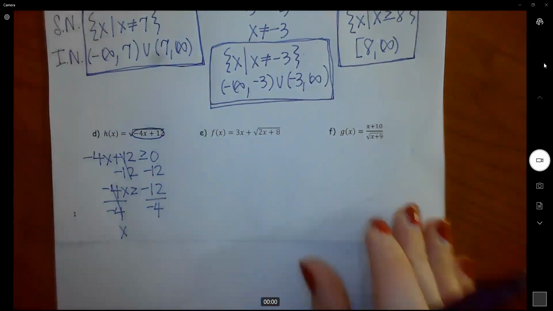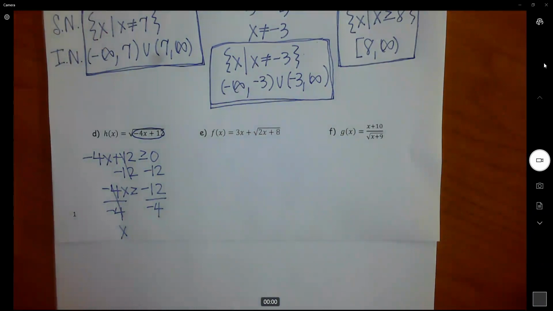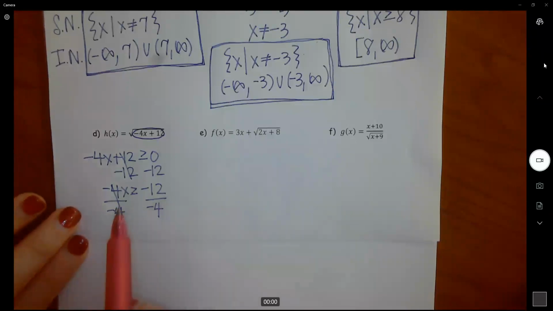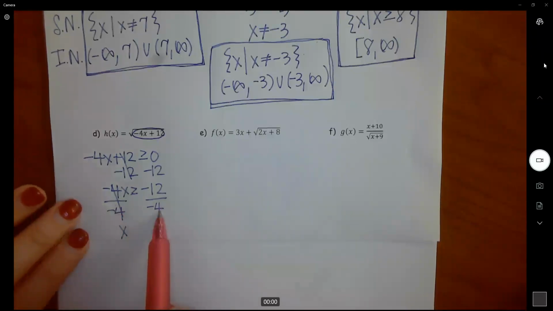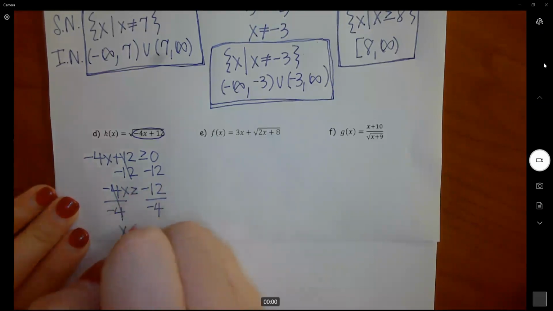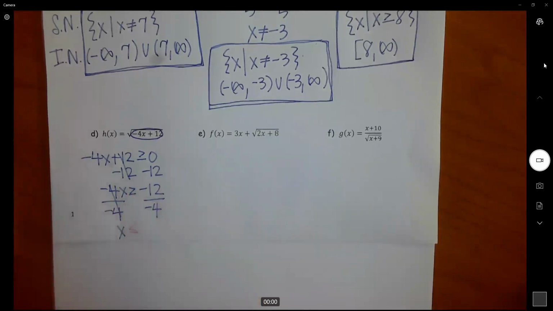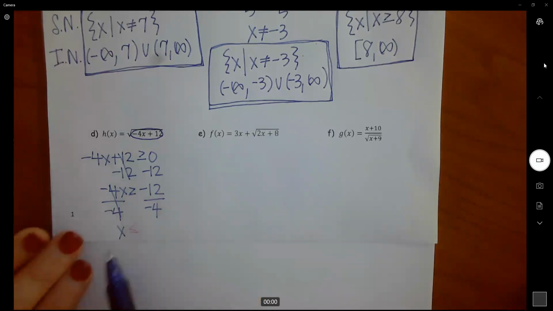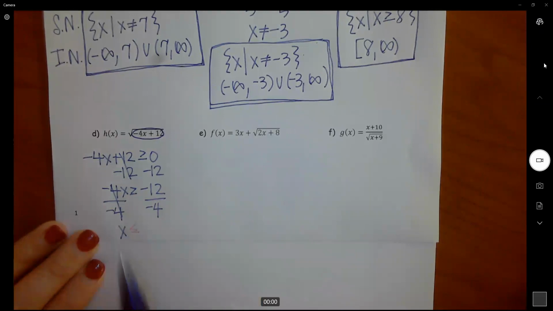Now we have already gone over how to solve inequalities, and inequalities are the same way as equations with one exception. And that exception is if I divide or multiply by a negative number, we have to take this inequality symbol and flip it. So instead of x is greater than or equal to, now it is x is less than or equal to.